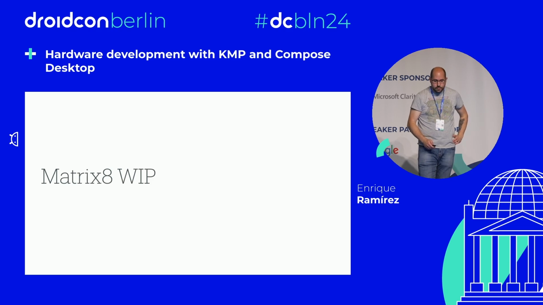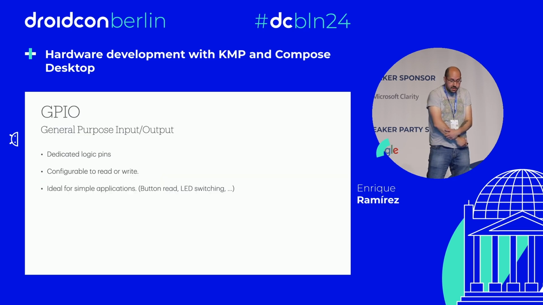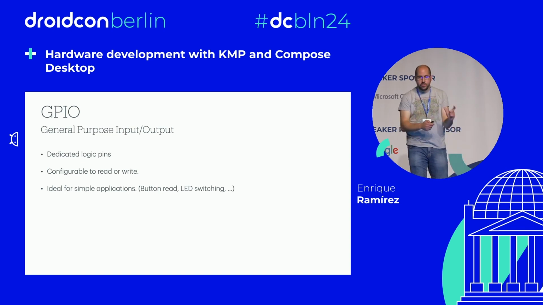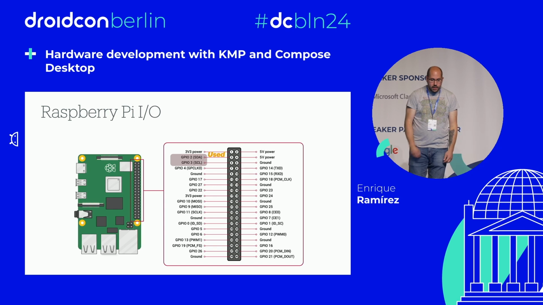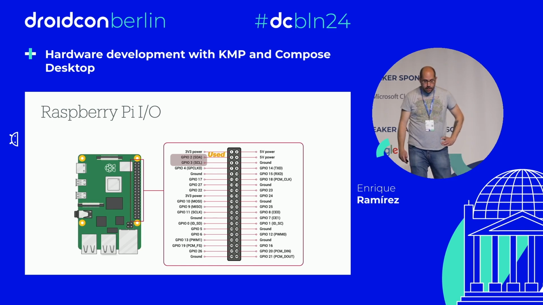So that's basically it. But there are some things that are work in progress. For instance, I didn't add the buttons. For adding the buttons, we can use the GPIOs. The GPIOs are those general purpose pins. If we go back to the layout slide, we've already used GPIO 2 and 3 for the I2C.